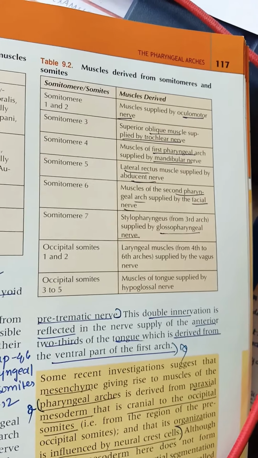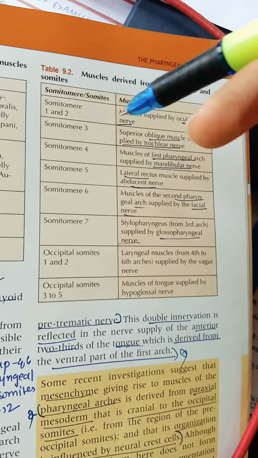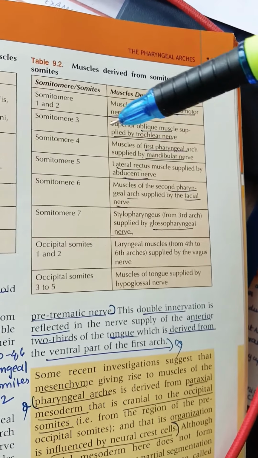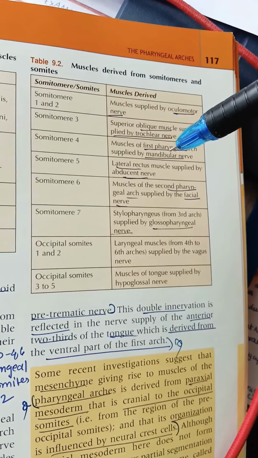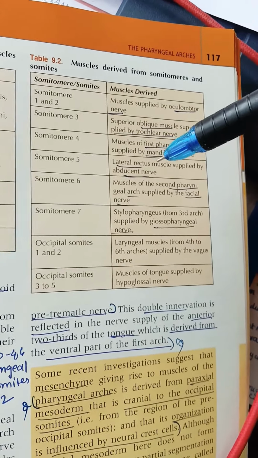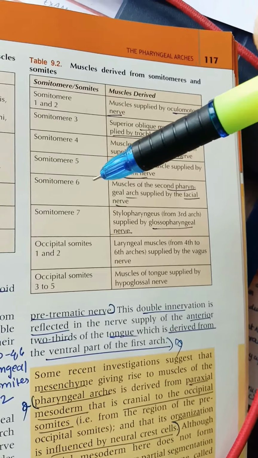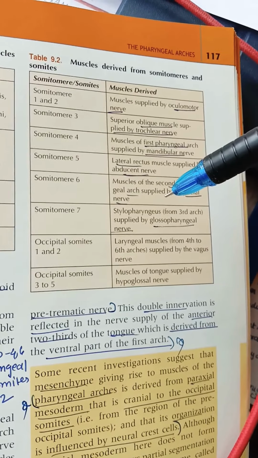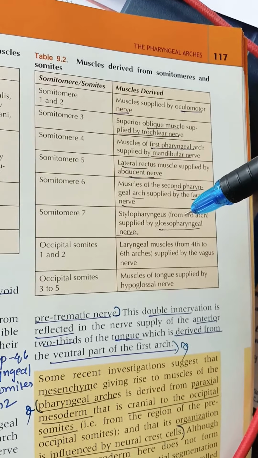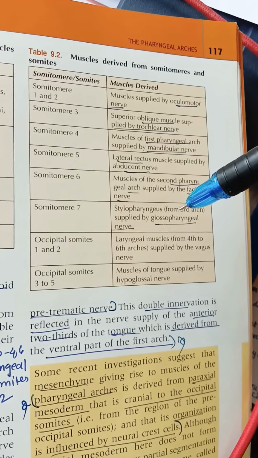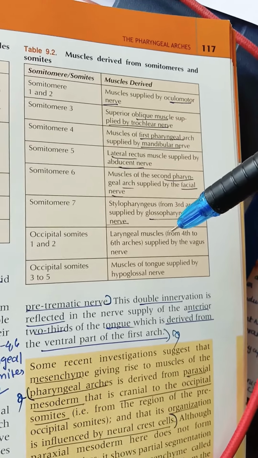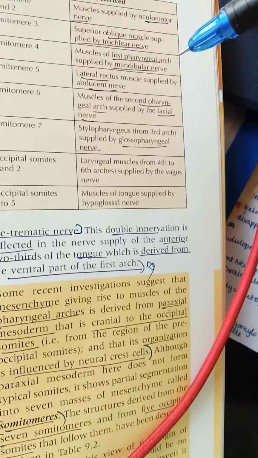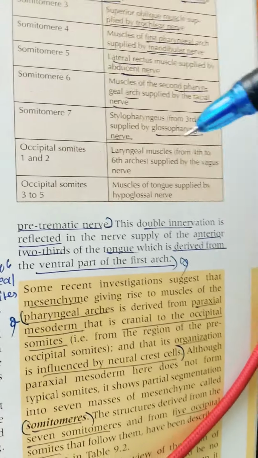So somitomeres 1 and 2 give rise to muscles supplied by the oculomotor nerve, and somitomere 3 superior oblique muscle supplied by trochlear nerve, somitomere 4 muscles of first pharyngeal arch supplied by mandibular nerve, somitomere 5 lateral rectus muscle supplied by abducent nerve, somitomere 6 muscles of second pharyngeal arch supplied by facial nerve, somitomere 7 stylopharyngeus supplied by glossopharyngeal nerve, occipital somites 1 and 2 laryngeal muscles from 4 to 6 arches supplied by vagus nerve, occipital somites muscles of the tongue supplied by hypoglossal nerve. So that's it.